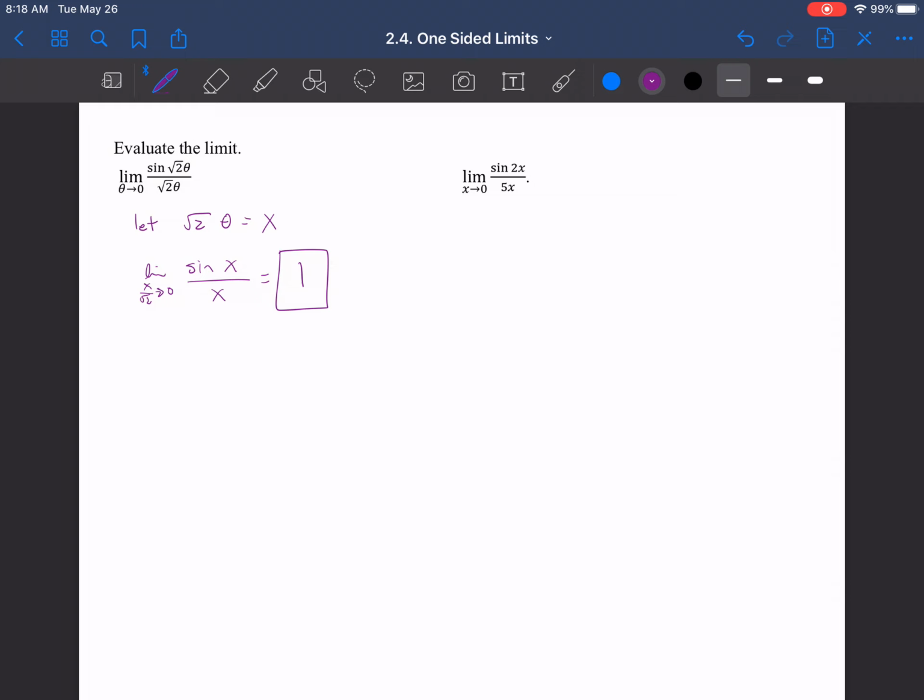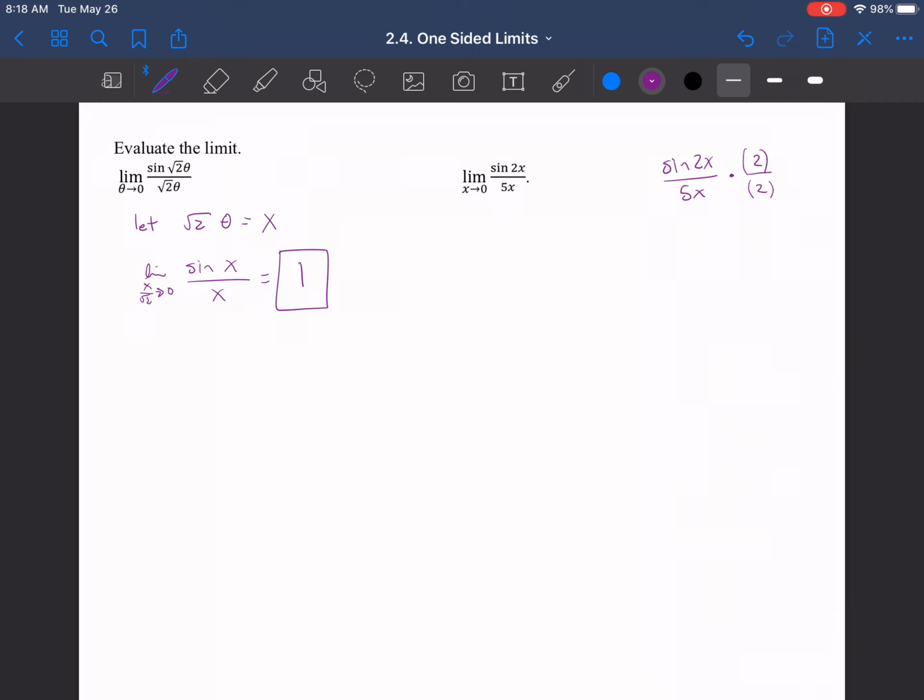Okay, let's take a look at this next one. The limit of the sine of 2x over 5x. So if we think about this one, we can say, or here, I'll do it off the side, sine of 2x over 5x. What we can do is multiply both the top and bottom by 2, 2 over 2. All right?